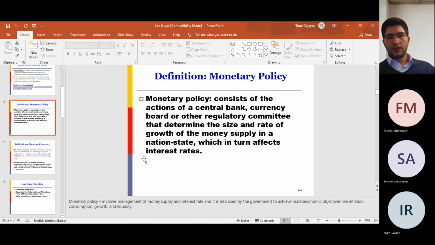For example, related to interest rates, interest rate is regulated by the central bank. In our country, we have a central bank and about 50 commercial banks, right? Approximately 50. The central bank regulates the rate, which is also called the discount rate. In Azerbaijani, how do we call it?